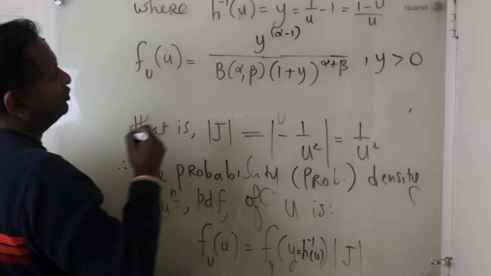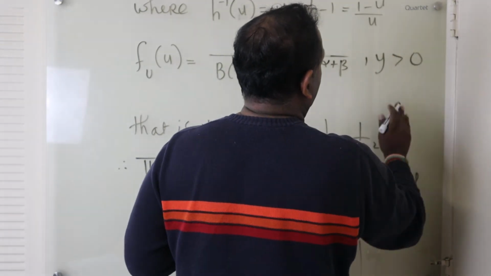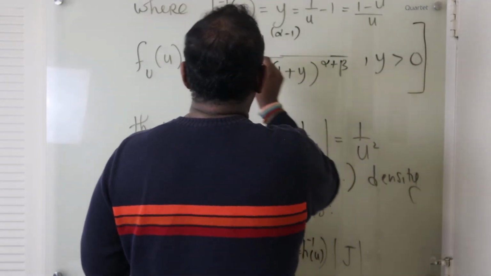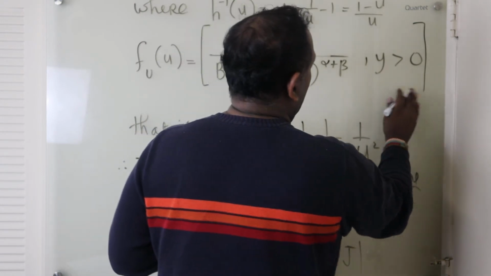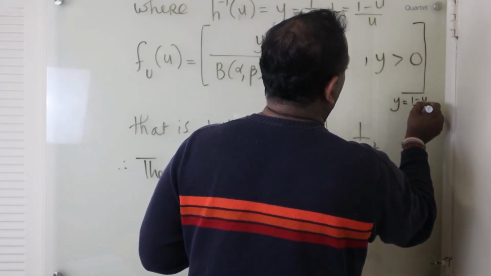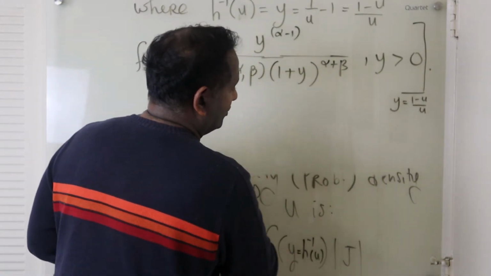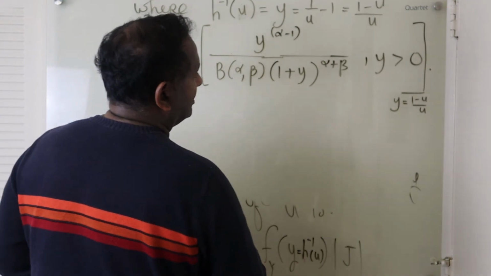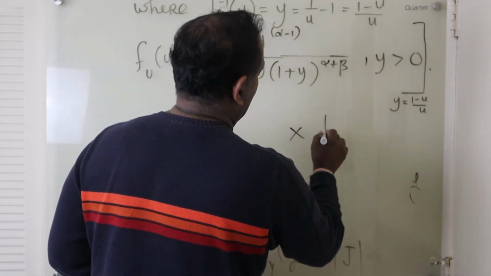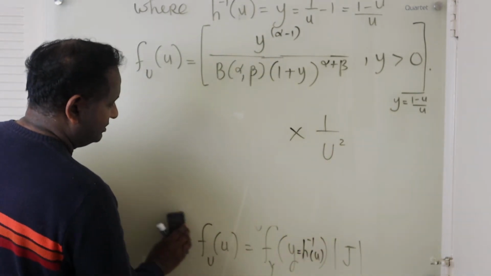This whole thing should be replaced by y equals 1 minus u over u, times the absolute Jacobian, which is 1 over u squared.